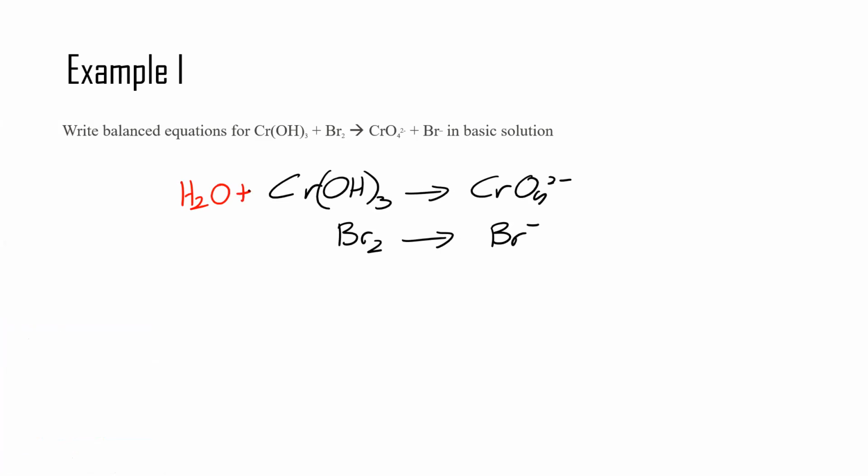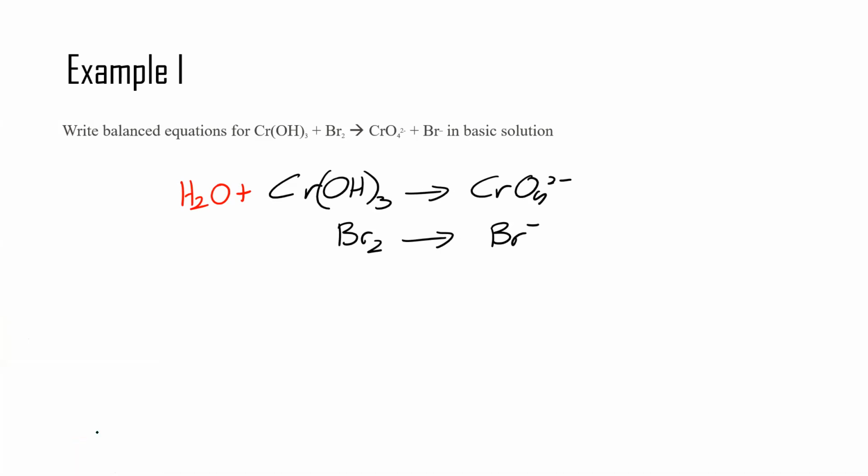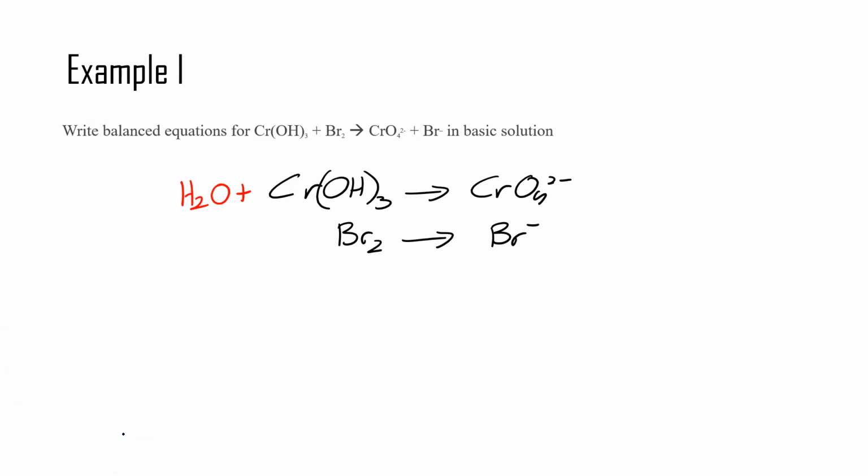Once we balance the oxygen, we realize that the hydrogens are not balanced, so we will require adding hydrogens onto the right side, and there will be 5 hydrogens. And now we'll note that the electrons are not balanced. The charge on the left is 0, the charge on the right is 3, therefore we need to add 3 electrons.